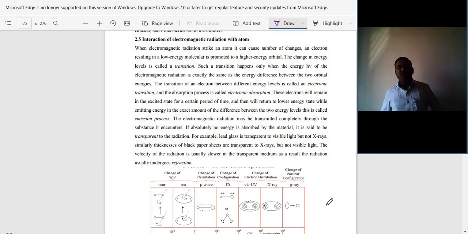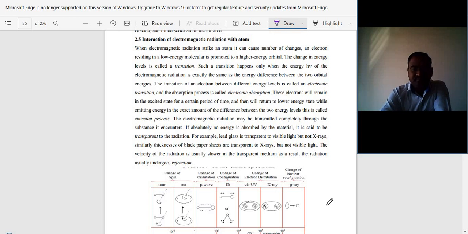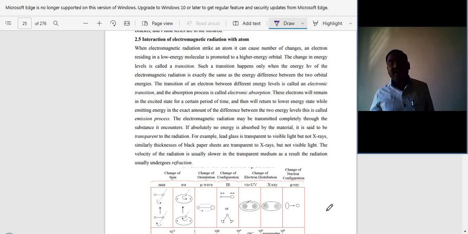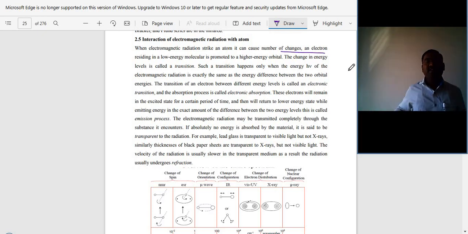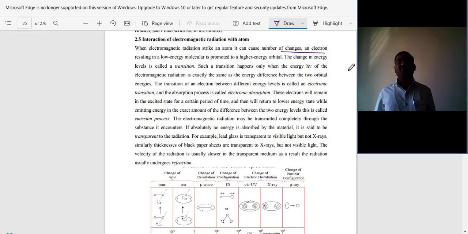Now, the interaction of electromagnetic radiation with an atom. When electromagnetic radiation strikes an atom, it can cause a number of changes. An electron residing in a lower energy orbital is promoted to a higher energy orbital.